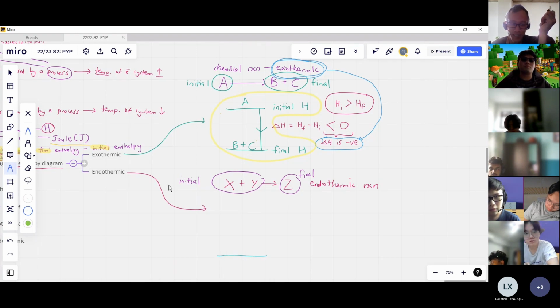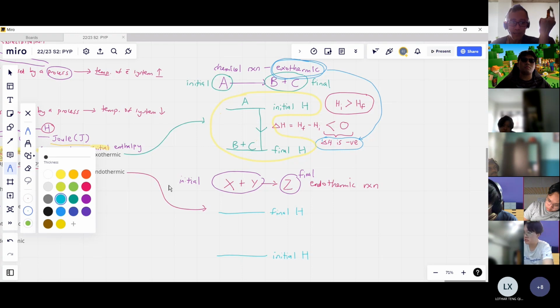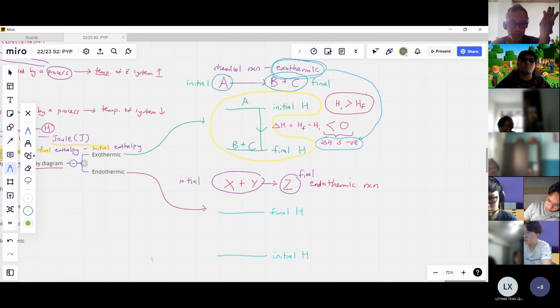This is my initial enthalpy. Remember you need two horizontal lines. And this is my final enthalpy. Now, let's be very clear. Obviously, you don't have to draw this in, but as I said, going upwards means increasing enthalpy.